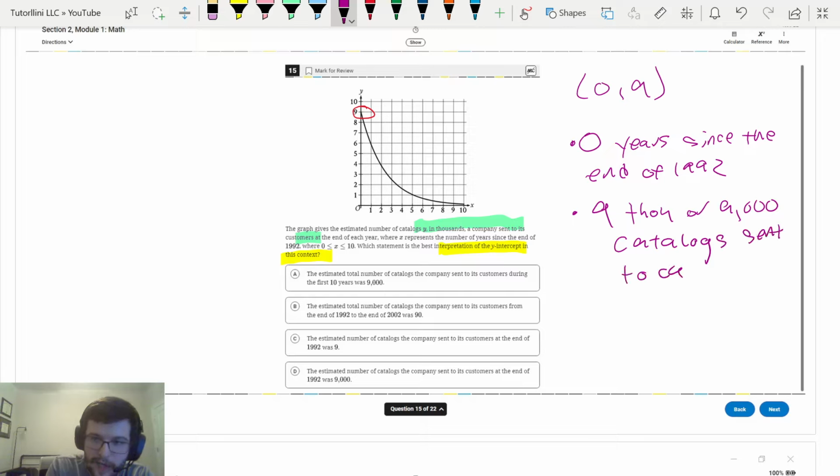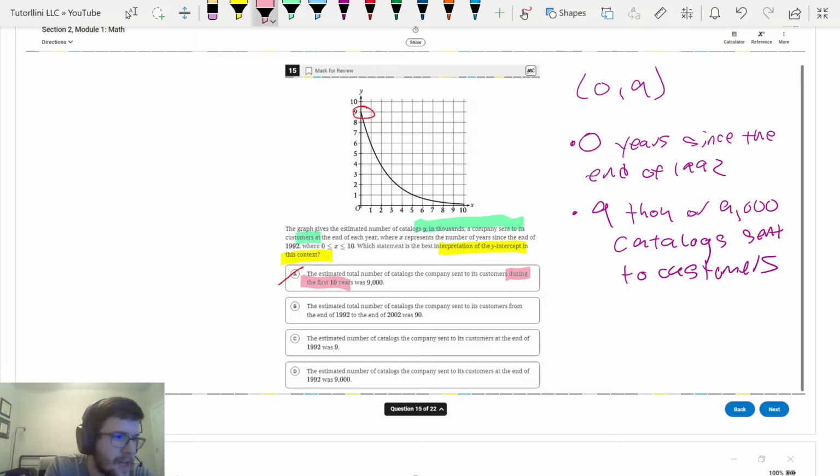Once you have that written down, you can very quickly, easily cross out the wrong answers. So this one says during the first 10 years. What? No, it's the amount 0 years since the end of 1992. I don't know where the 10 came from. So no, that's wrong. Okay.